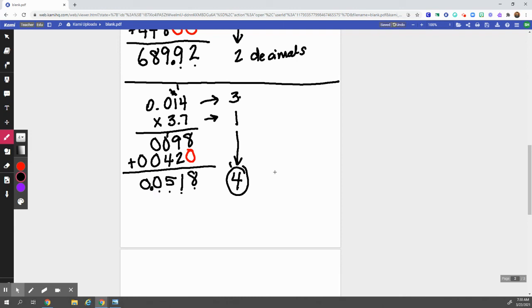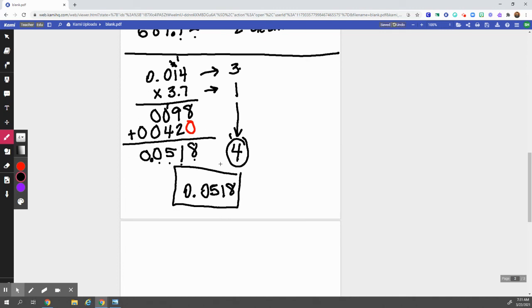So my answer for this is 0.0518, and we've got tens, hundreds, thousands, 10,000ths, 518 10,000ths. And we had predicted at the beginning that it was going to be significantly less than 3 7/10, and this answer definitely is less.